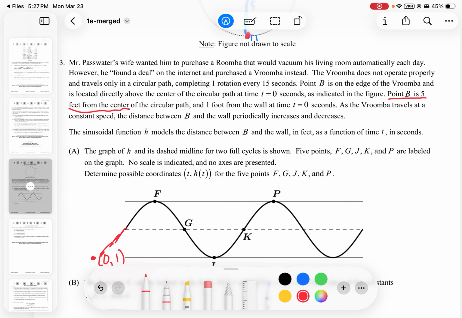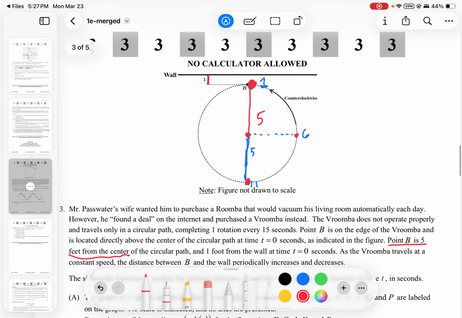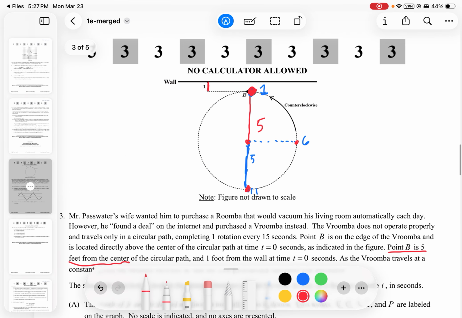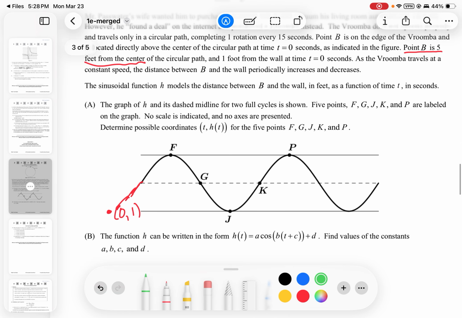There's this point that's not on there. Okay, well, we go halfway around. It takes 15 seconds to go all the way around, so how long does it take to go halfway around to get to this point F here? Well, half of 15 is 7.5. So this first point that we are labeling is happening at 7.5.